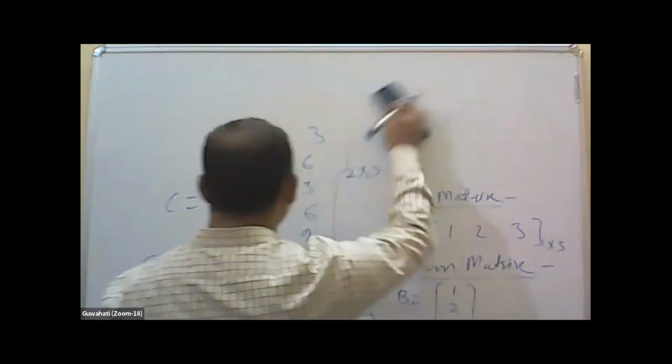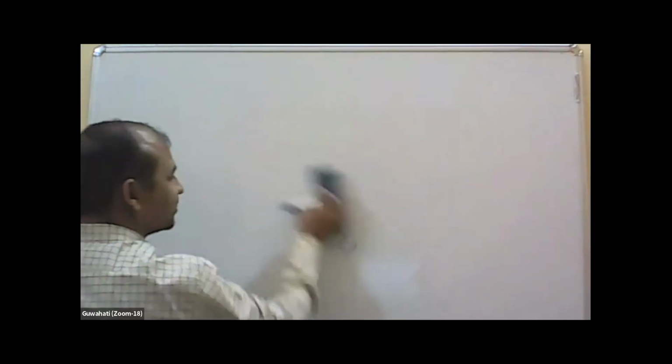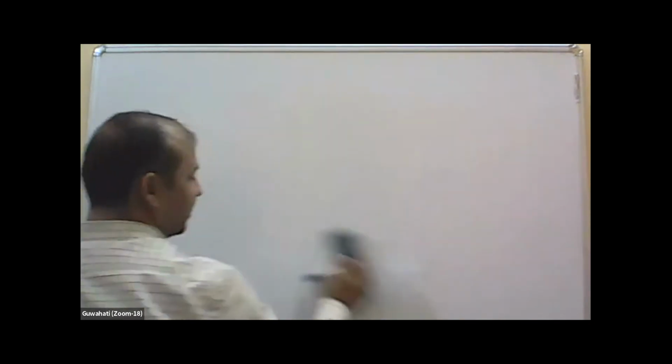Let's move to the next type of matrix. Can anybody tell me which will be the next matrix? Identity matrix. Diagonal matrix. Okay, diagonal matrix. How can we define a diagonal matrix?